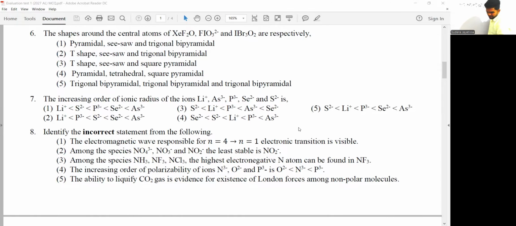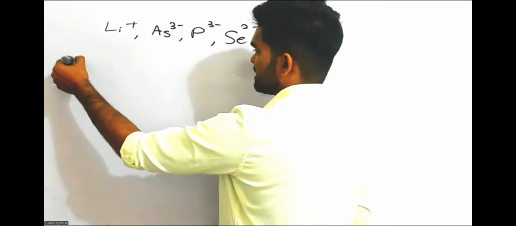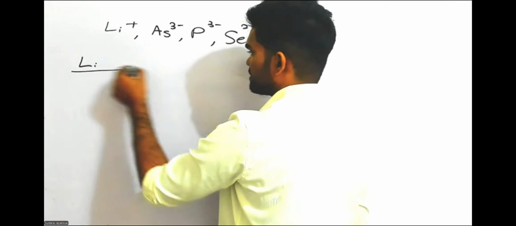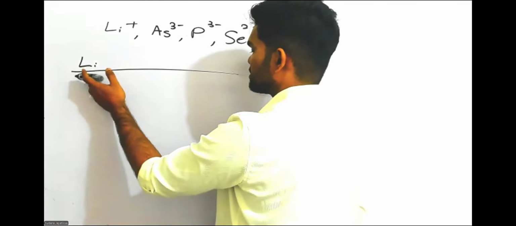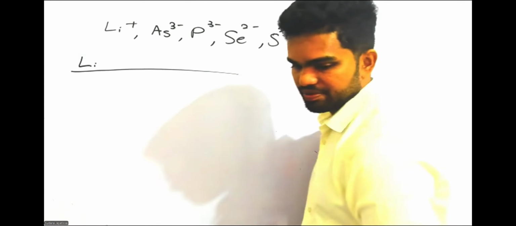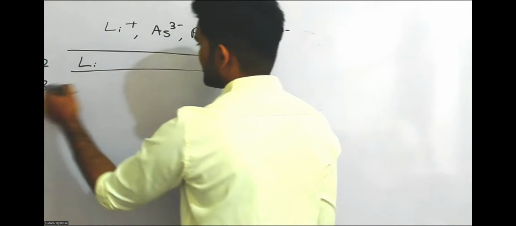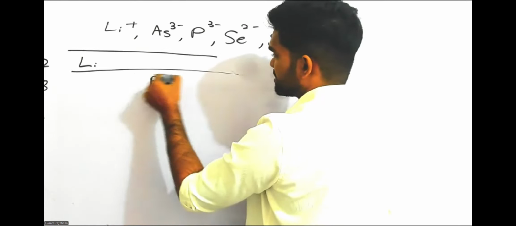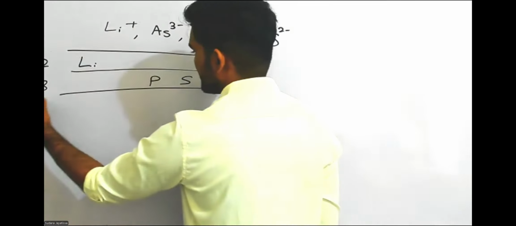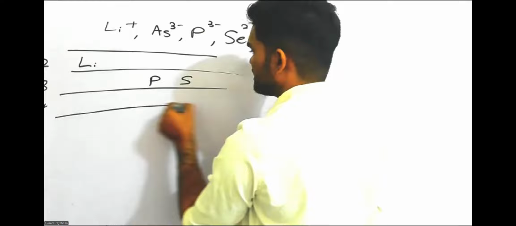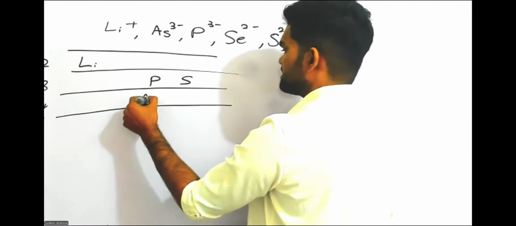If you take the periodic table, you can find these elements here. Lithium is in the first group and the second period. Then in the third period, you can find phosphorus and sulfur. In the fourth period, you will find arsenic and selenium.